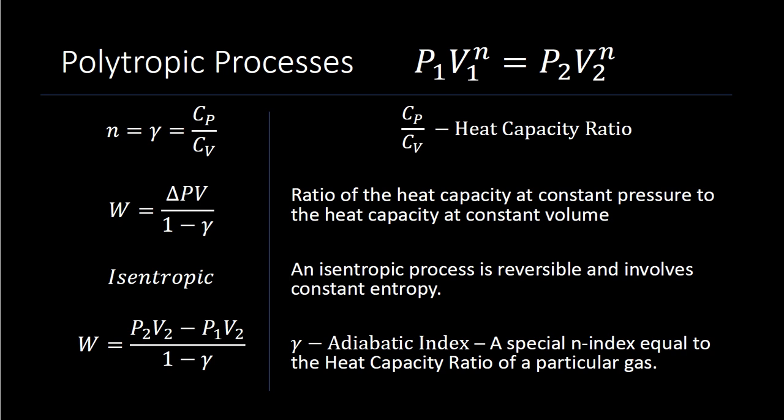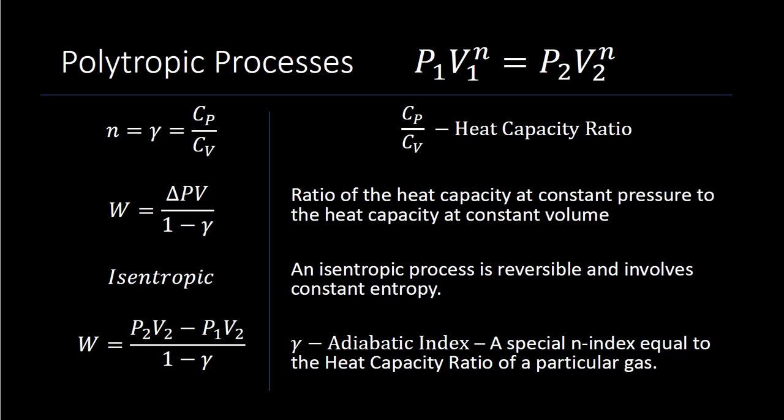It's when the n index of a polytropic process equals the heat capacity ratio of a particular gas. This value will change if we're talking about air or carbon dioxide or oxygen specifically. The heat capacity ratio is just the heat capacity under constant pressure divided by the heat capacity value under constant volume.